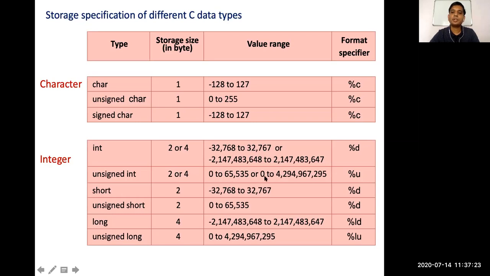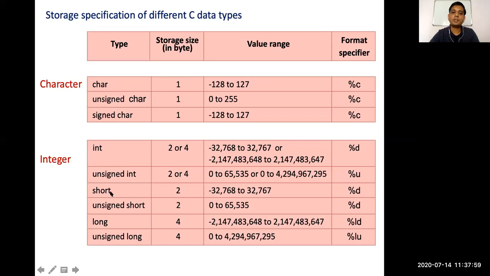Or if it is a 4 byte variable, then it is 0 to a very big number. And the format specifier is %u. %u represents an unsigned number. Generally %u is required to print the address of any variable, because an address is always a positive quantity, it is never negative. So it is always an unsigned quantity, and to print an unsigned quantity we use %u.